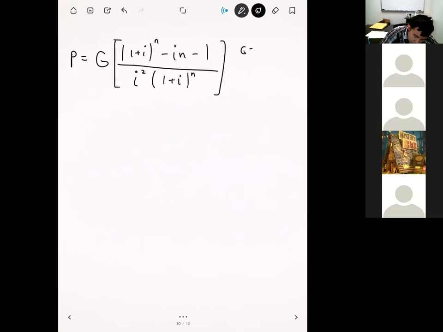We plug in G is equal to 30, N is equal to 5, I is equal to 0.05. What we get is that P is equal to $247.